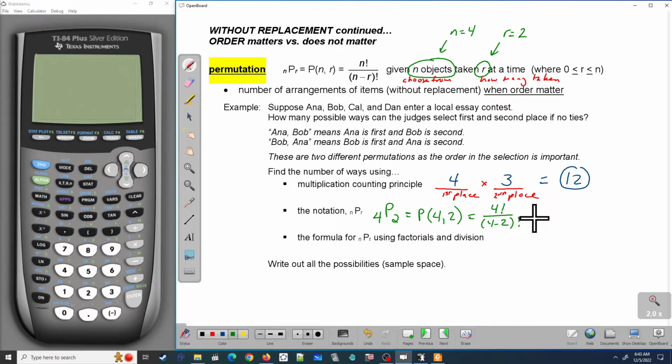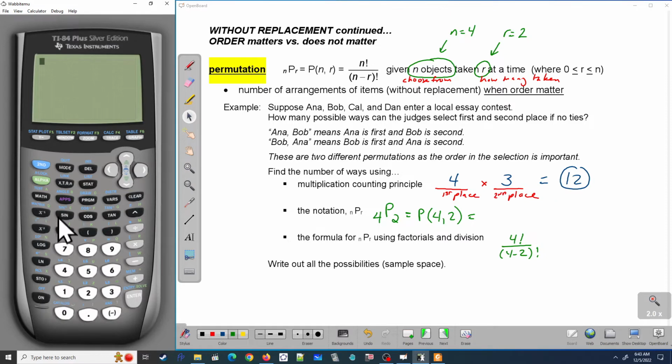But see, that's where I'm jumping ahead a little bit, because that actually is the answer to what I was looking for down here. The formula for nPr using factorials and division. I'm going to put my 4 up here, and then I'm going to go 4 minus 2, and I'm going to close the parentheses and put factorial. Remember, it is not a distributive type of operation, so I can't do that. So how would I figure out what 4P2 is?